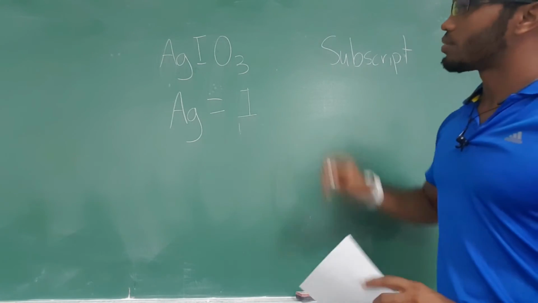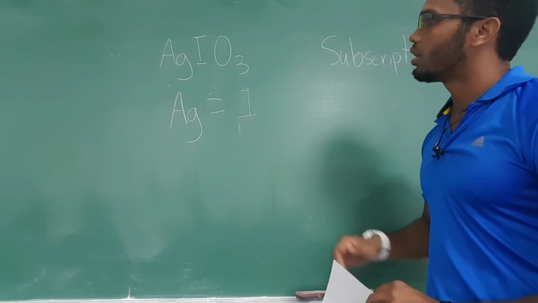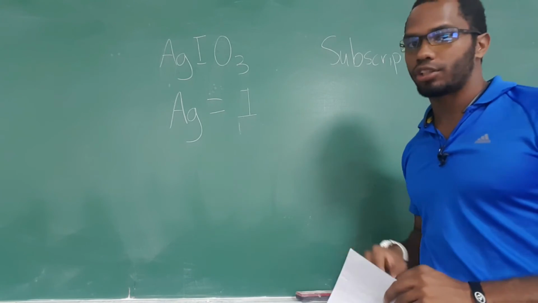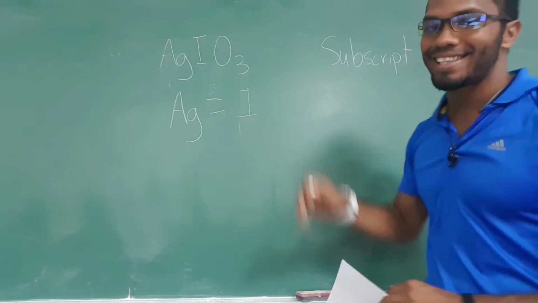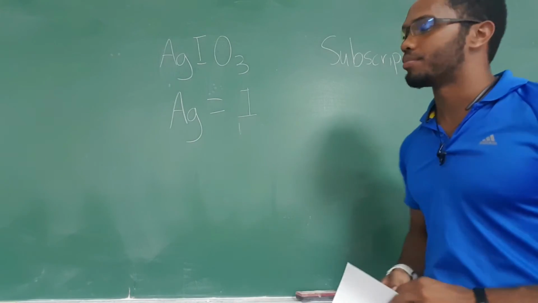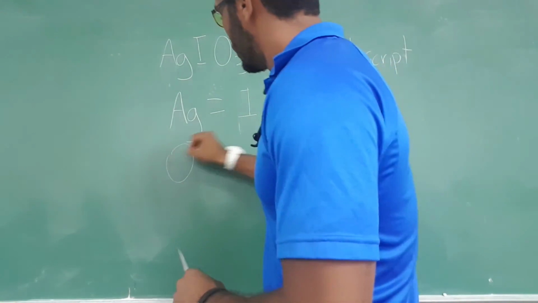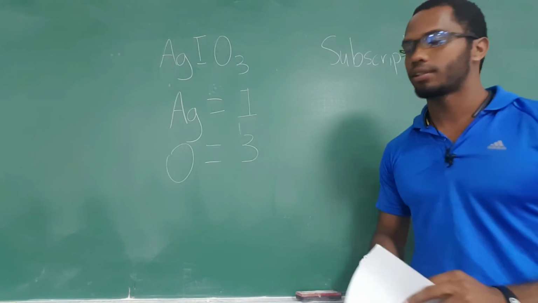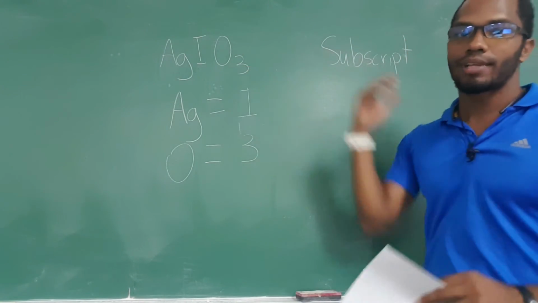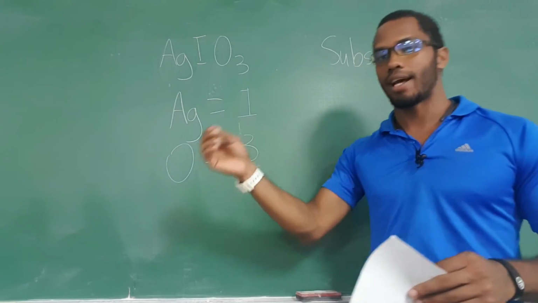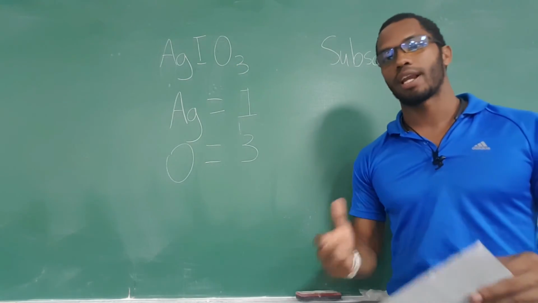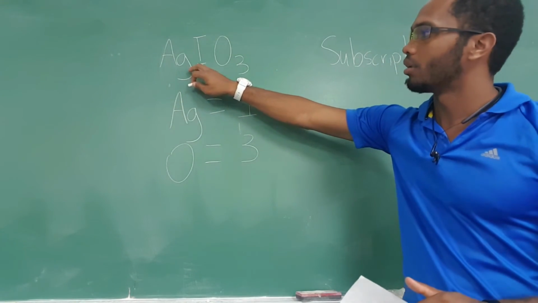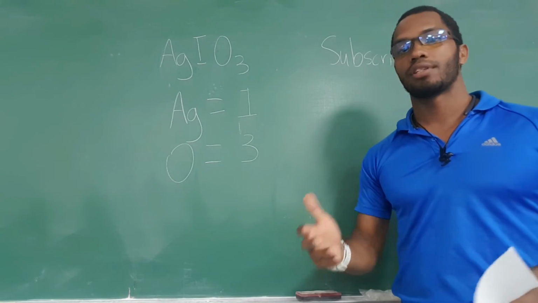So if I were to ask you what is the amount of atoms of oxygen, you would simply look at it and see that there are 3 atoms of oxygen. So the rule is, if there is a number there, it tells you how many of that atom there are. If there is none, for instance Ag, then that means there is only 1.